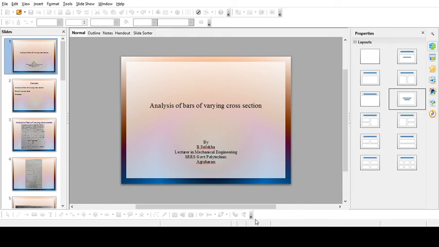Next, total elongation in the length. We know that total elongation in the length is simply the sum of the elongations at the sections.